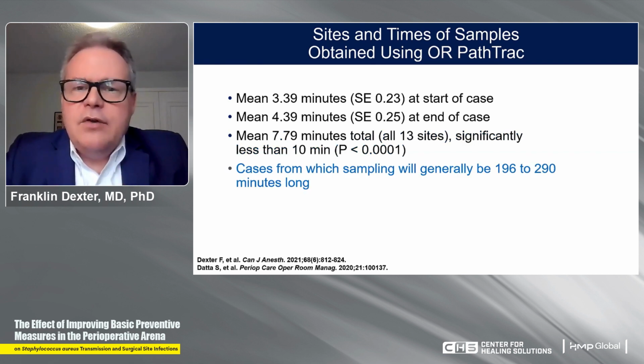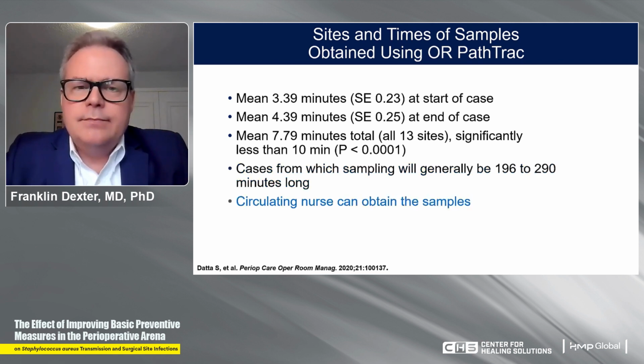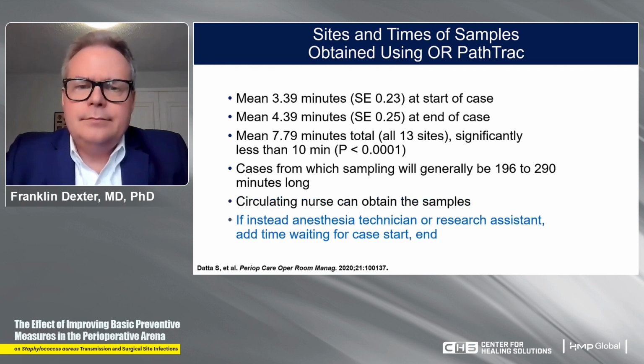Now, I'll explain later that generally you're going to be collecting samples from cases that are lasting 3 to 4 hours. So generally that's going to be 2 successive cases in the operating room for the day for culturing. So an operating room nurse can collect the samples, or an anesthesia assistant can collect the samples. But it'll take some extra time, less than 10 minutes, but it will take some extra operating room time.